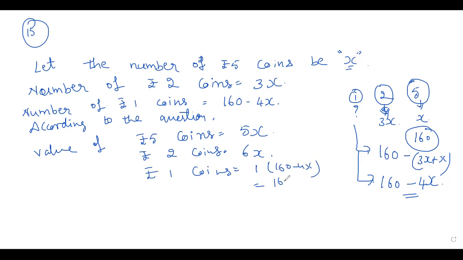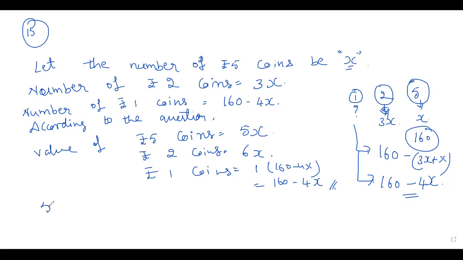That is equal to 160 minus 4x. Okay, children, understand this. 5 rupee coin is x, 2 rupee coin is 3x, 1 rupee coin is total minus 4x. So the value of 5 rupee coins is 5 into x. Just multiply and write, children. 2 into 3x, 1 into 160 minus 4x.